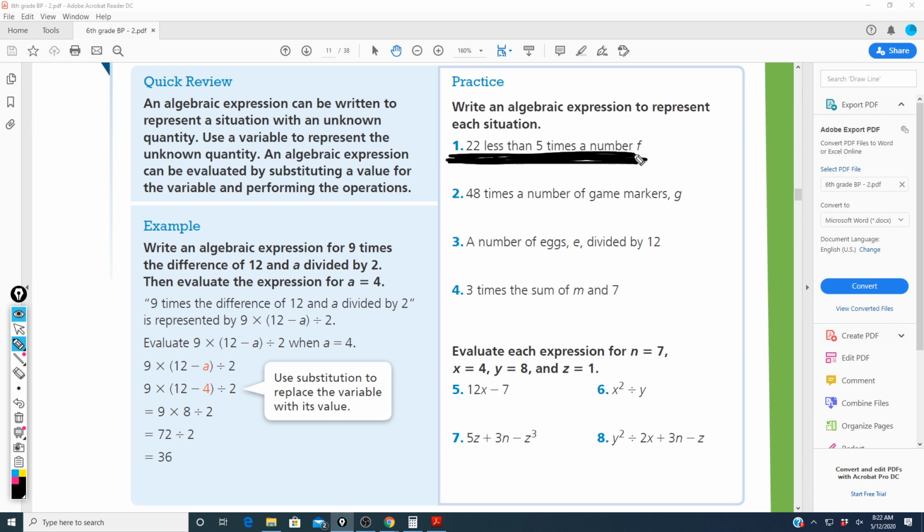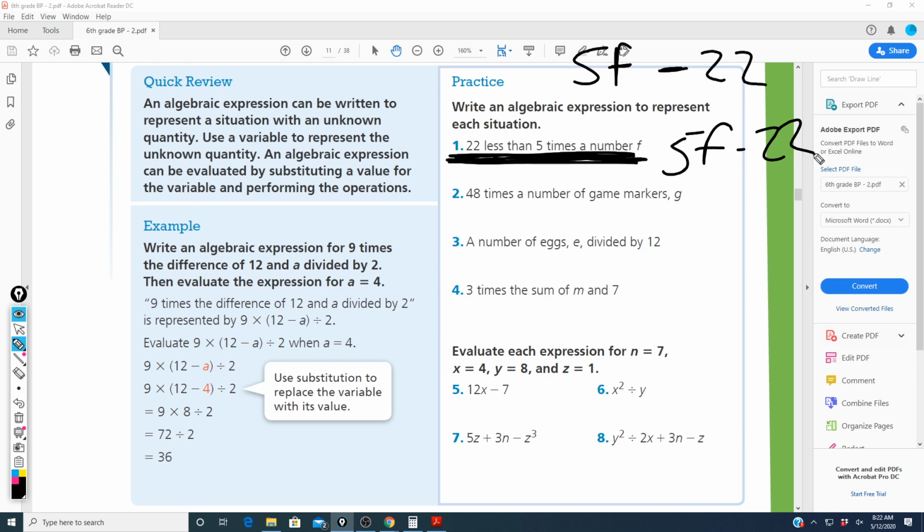You see 22 less than, that means you're subtracting 22, then 5 times a number f. So your expression is 5f minus 22.